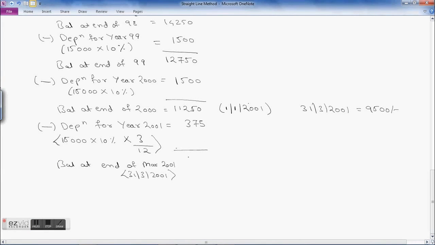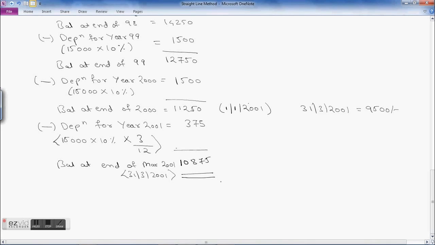So the balance comes to 10,875. Okay, so the balance as on 31st March 2001 is 10,875.